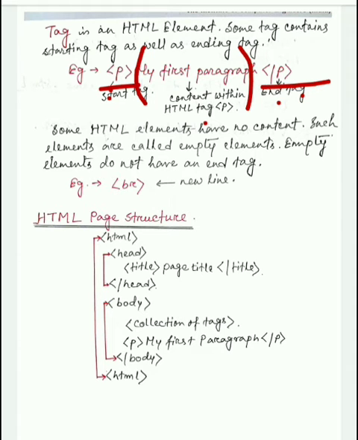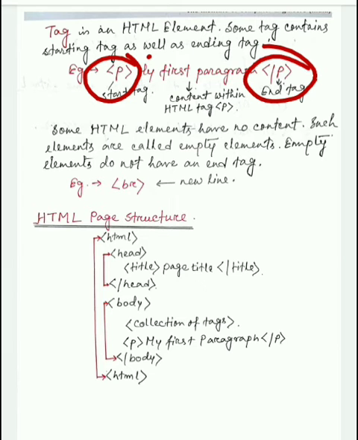When you view this in the web page, only my first paragraph will be viewed, and the effect of the P tag will be on this statement. We all know that when we use commands in a programming language, the commands are used to give some output. So here in HTML these tags are used to give some output.